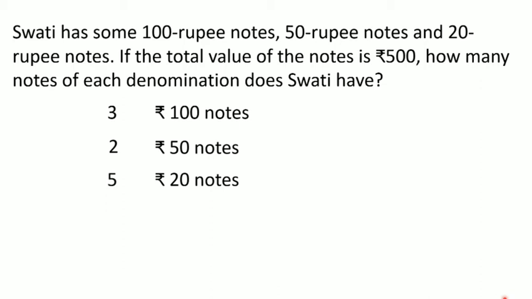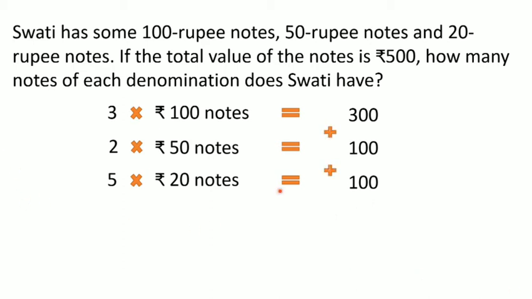If we multiply this, 3 into 100, we will get 300. 2 into 50, we will get 100, and 5 into 20, we will get 100. So we will add these numbers, 300 plus 100 plus 100. We will get here total 500, that is the total value.